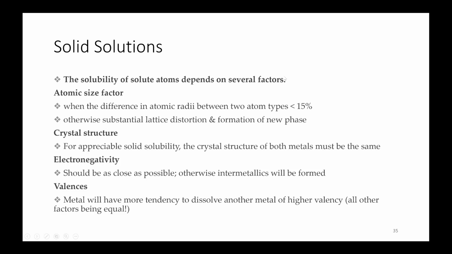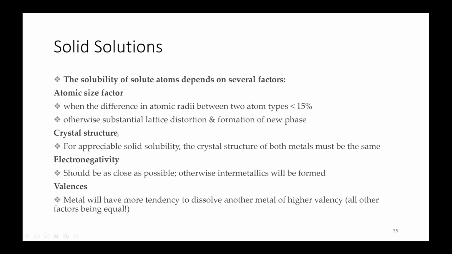So, for formation of solid solution, you have four rules which are also known as Hume-Rothery rules. So, first is atomic size factor, where the difference in atomic radii between the two atoms will be less than 15%. So atomic radii will be very close to each other, otherwise substantial lattice distortion will be there and formation of a new phase might occur.